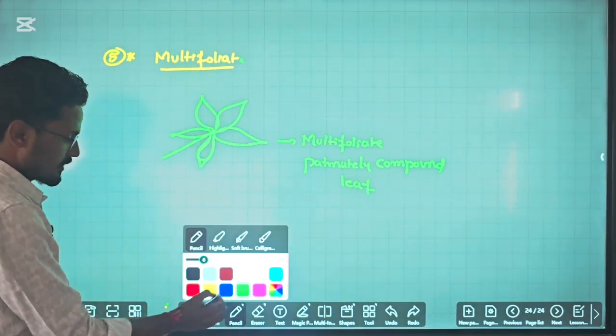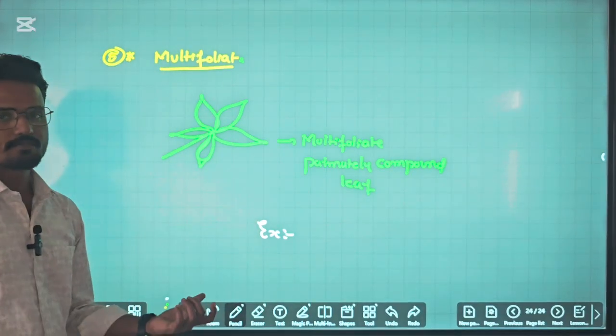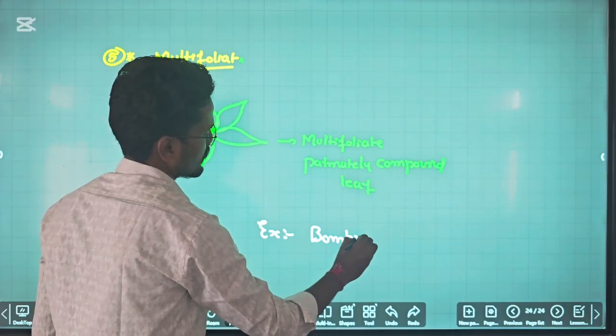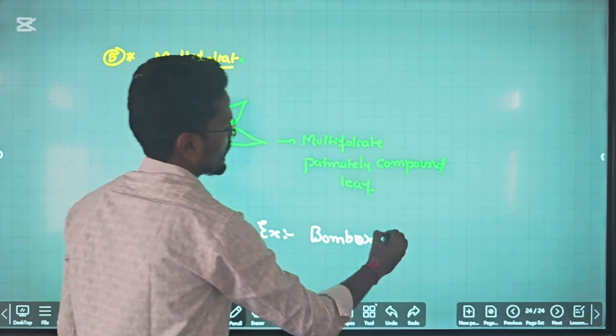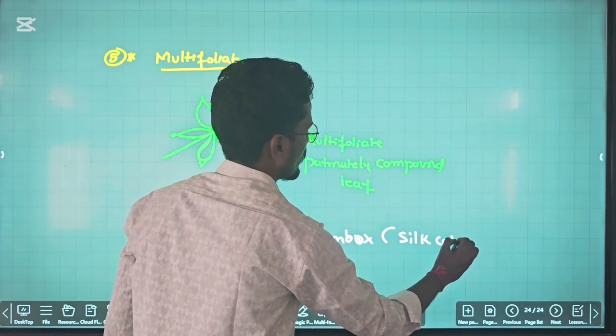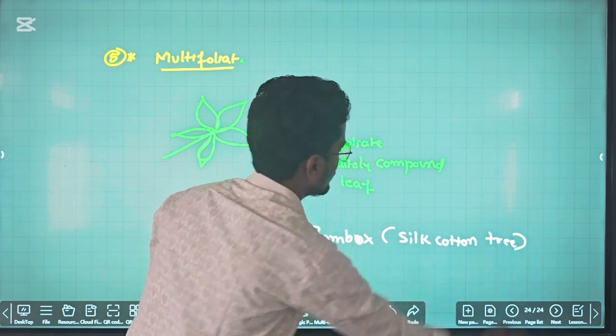So the example for this one is Bombax. The common name is silk cotton tree.